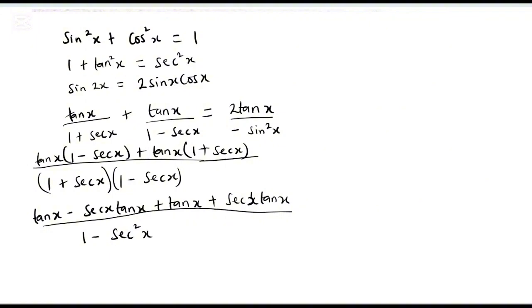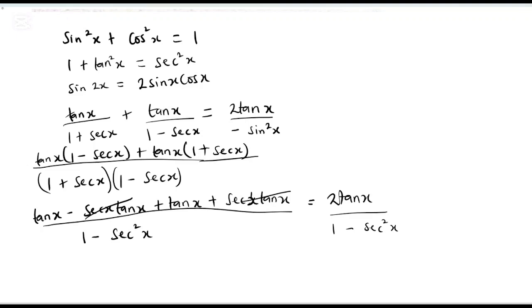So now you observe that this cancels out, then you are left with tan x plus tan x, which is equal to 2 tan x over 1 minus sec squared x.